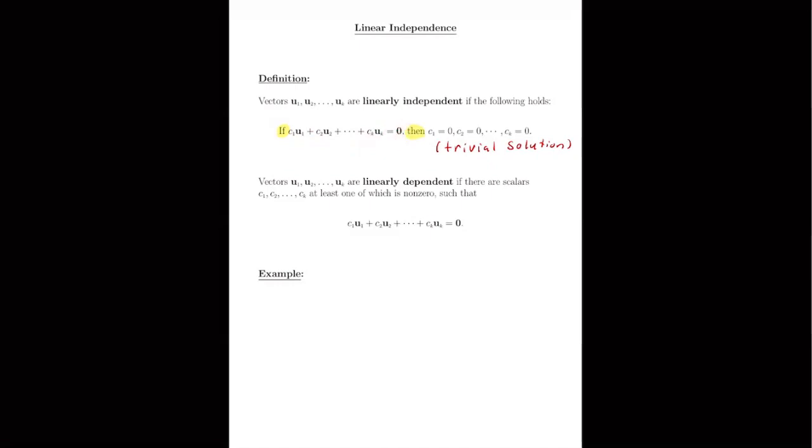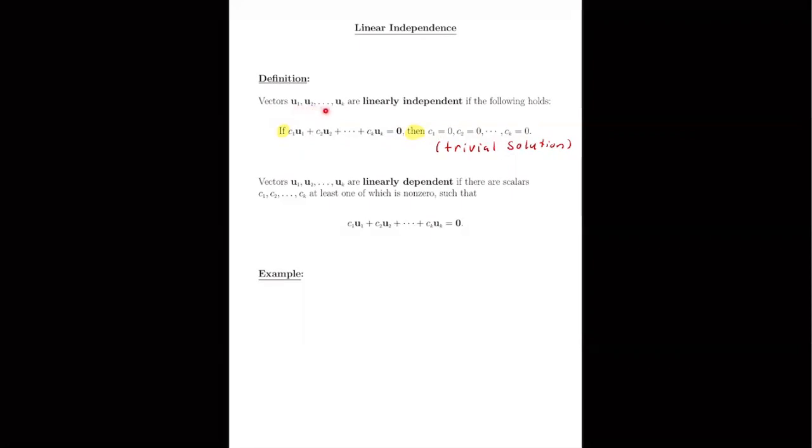But for linearly independent vectors, what we're saying is the only way for this to be equal to 0 is for all coefficients to be 0. So if you do see a linear combination of linearly independent vectors equal to the 0 vector, then all coefficients must be 0. There are no other solutions.